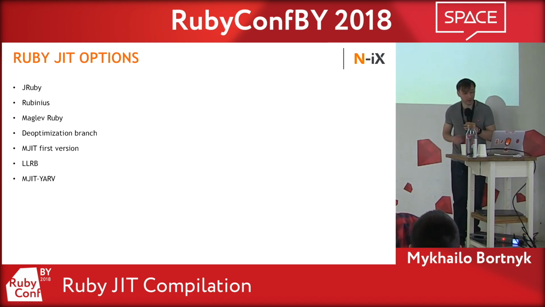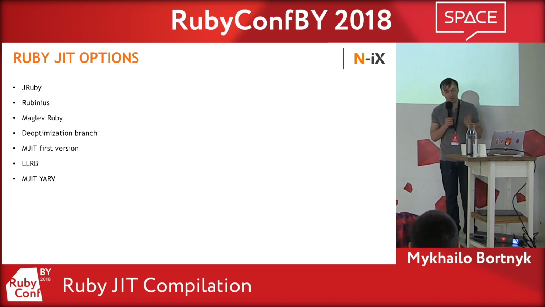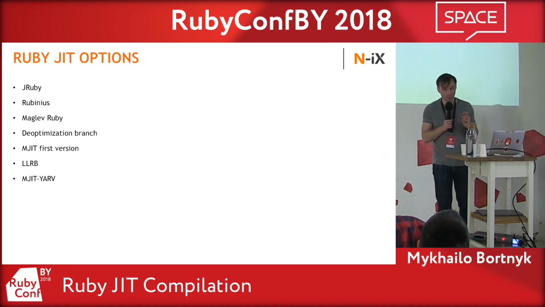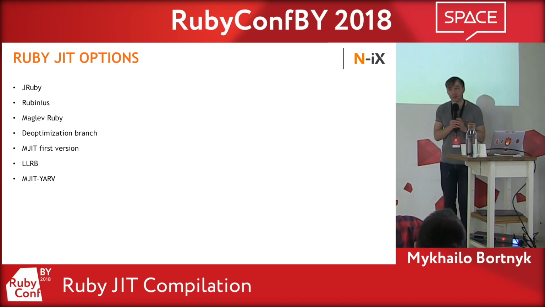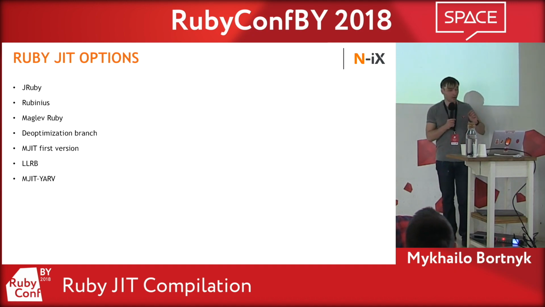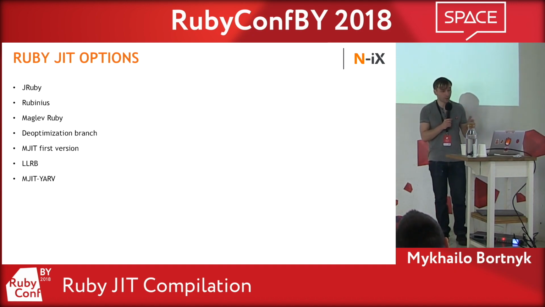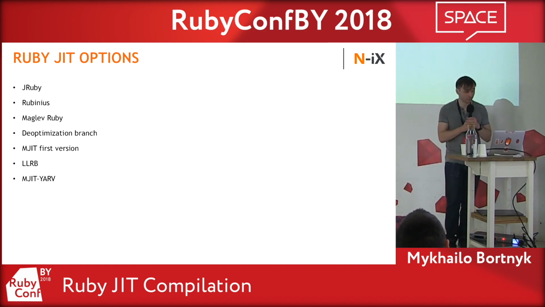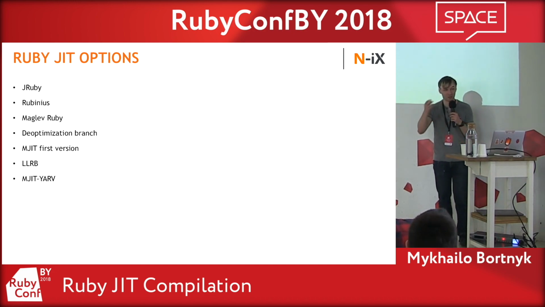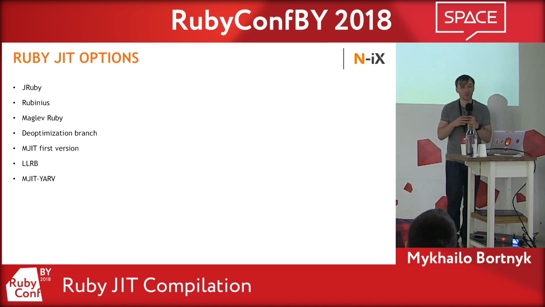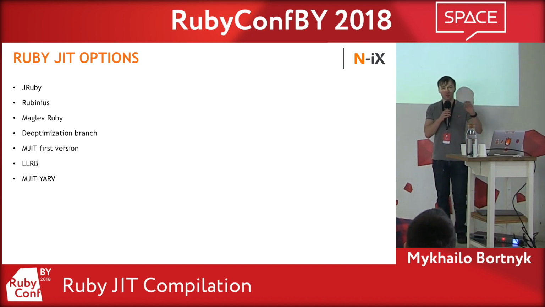And the last implementation, the one we will have in Ruby 2.6, is MJIT YARV. It's based on Makarov's earlier work, but Takashi, who made LLRB, decided to take Makarov's work and revert the changes which touched the virtual machine. So the virtual machine stayed stack-based.